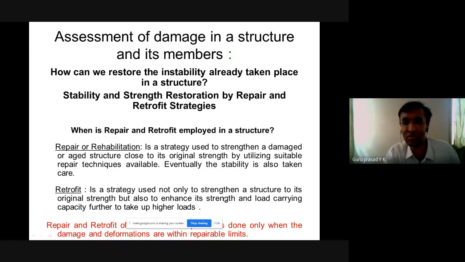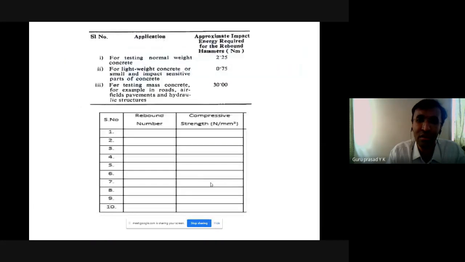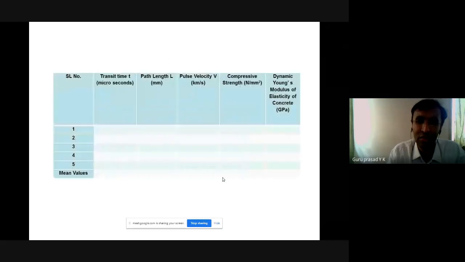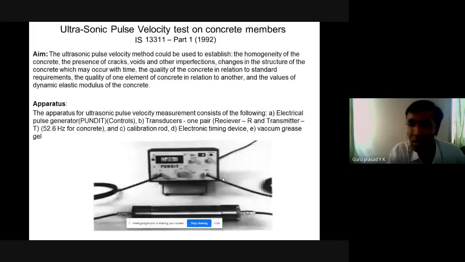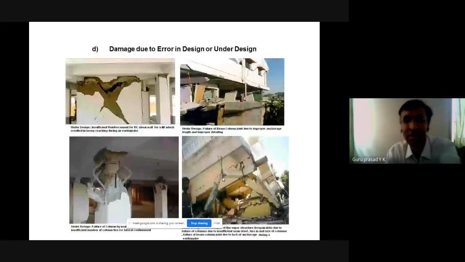Repair and retrofit of structures can only be done when the damage or deformations, meaning whatever deformations it has undergone, are within repairable limits. Like I showed you in the previous slides, like the Bhuj earthquake. I will not take much time, please. I'll quickly conclude. You see here, you can't do anything about a structure like this which has collapsed.